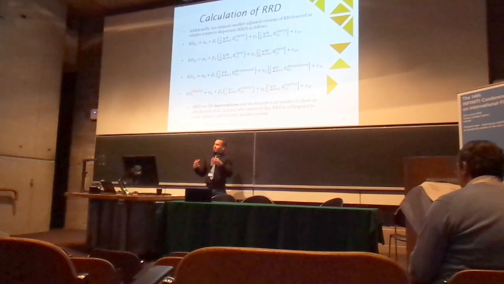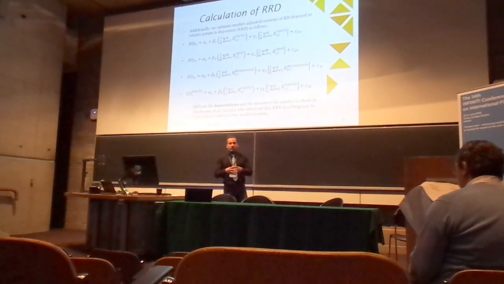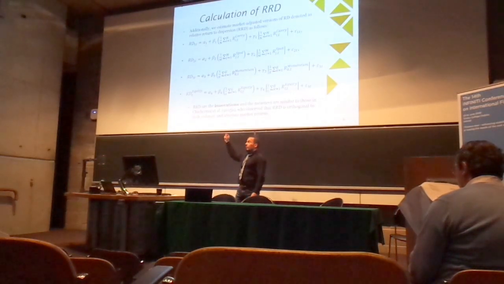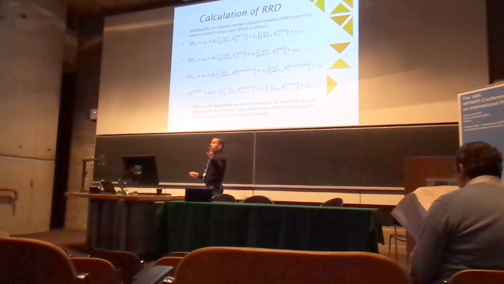And then we use the residuals of each of these equations, and again we take the 3-month moving average, losing the first 2 observations. So the relative return dispersion is, as I said, the residual process of these 4 equations, and then taking the 3-month moving average, losing the first 2 observations.